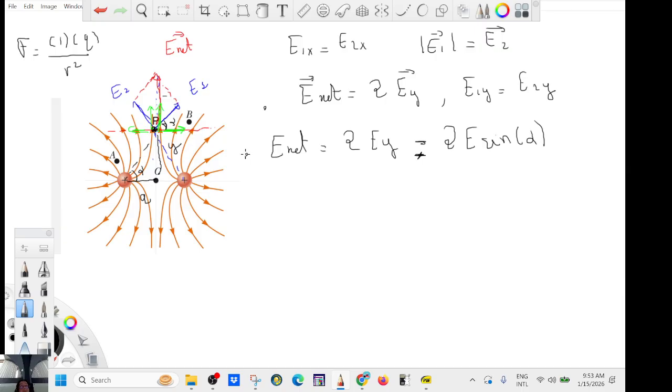Do you agree? Okay, what is the magnitude of E? So E1 equals E2. It's going to use Coulomb's law, right? So it's going to be K, times 1 coulomb times Q, over the distance squared, by the Pythagorean theorem.